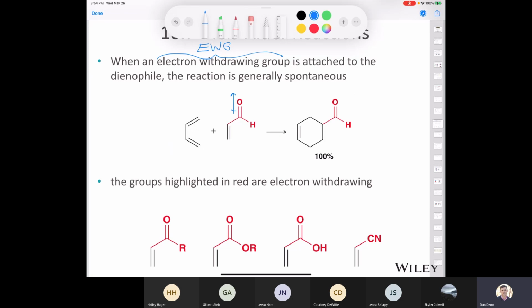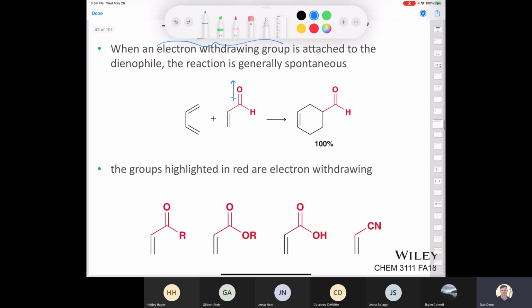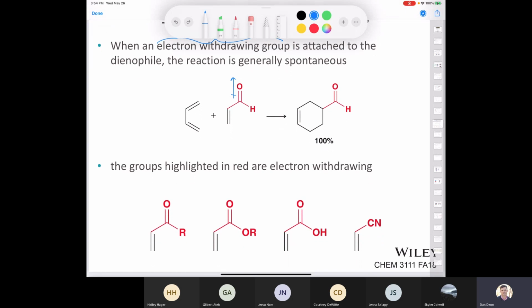So again, when I have that electron withdrawing group on my dienophile, the reaction is spontaneous. Now, what are some other electron withdrawing groups that I could use? I could use a ketone. I could use an ester. I could use a carboxylic acid. And what do they all have in common?